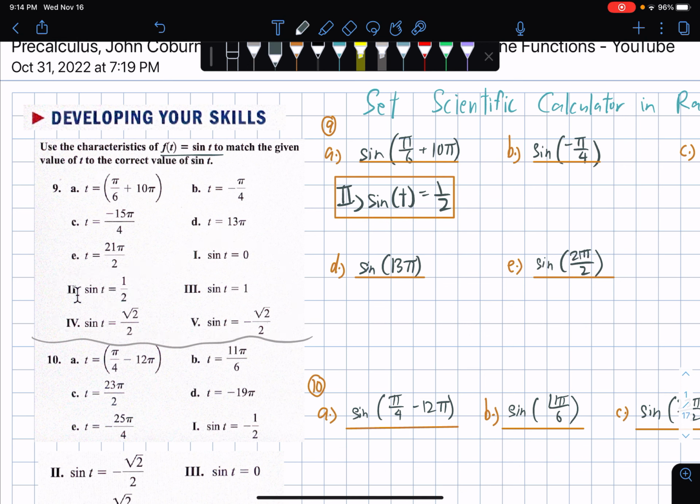Let's go for letter B, sine of negative pi over 4. That is negative square root of 2 over 2. That's number 5.